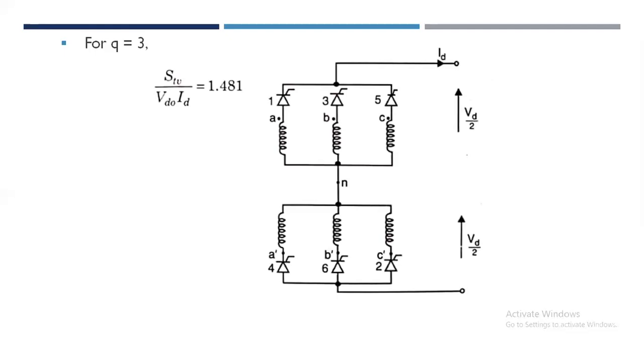For a 6 pulse converter, this can be easily arranged in the bridge circuit as shown in this figure. It is obtained when the two windings are combined into one.